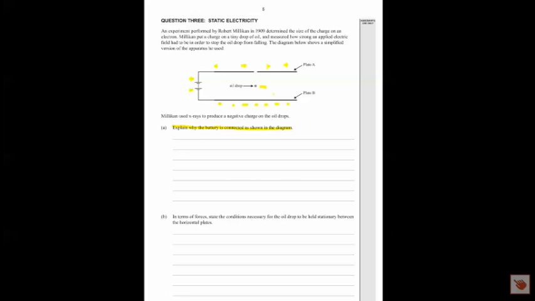So why would the battery be connected like this? Well, let's answer the question. The top plate will be positive, which will attract the oil droplet with a negative charge and help prevent the oil droplet from falling.